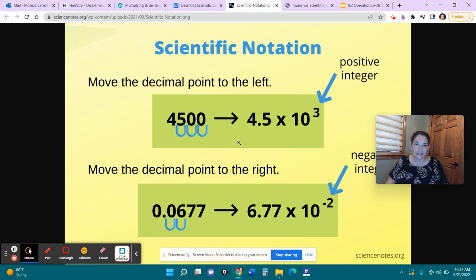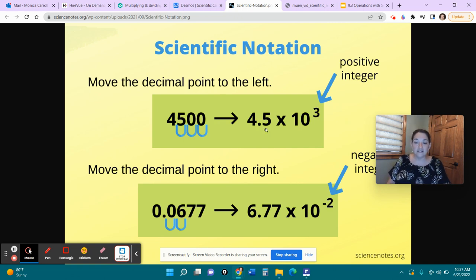Now, Alicia, can you remind us why did we move it three spaces? Why did we move it so that it's between the four and the five? Why not between the five and the zero or somewhere else? Right, because you want the number to be between 0 and 10. It can't be 0, can't be 10. It has to be somewhere between 0 and 10. And you're right, the decimal would have to be between the 4 and the 5 to make a number between 0 and 10.